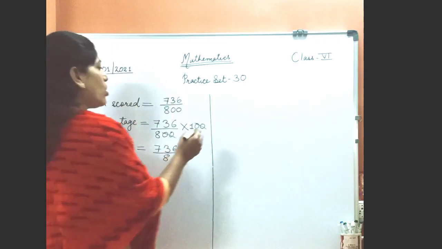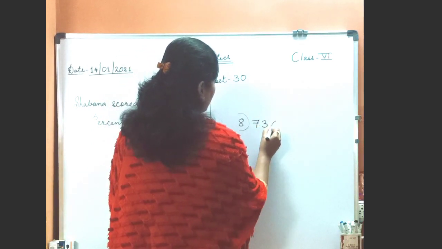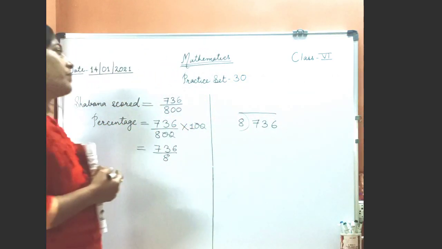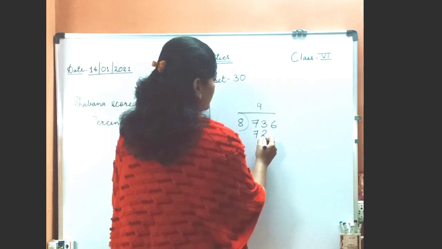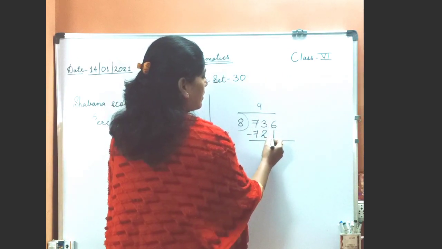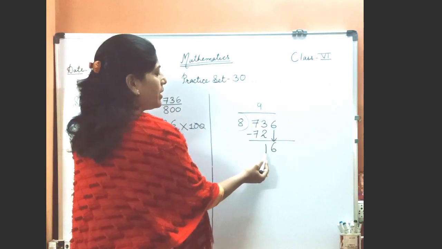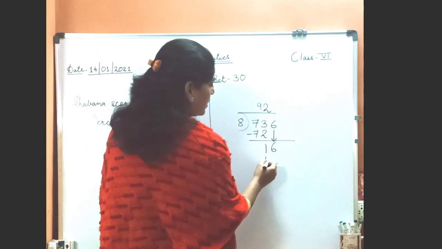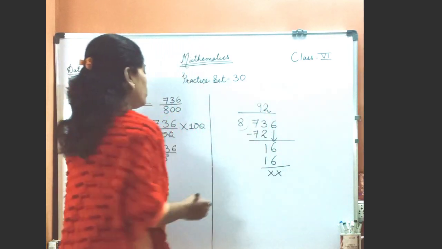This will be a rough column. 8 into 736. You must know the table of 8. 8 nines are 72. Subtract. 1 remaining, then take 6 down. Then 16. 8 twos are 16. So the answer is 92.